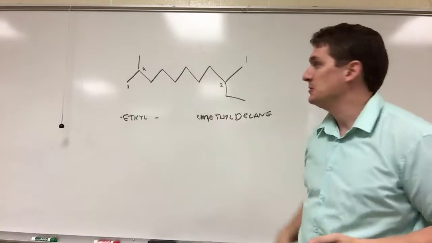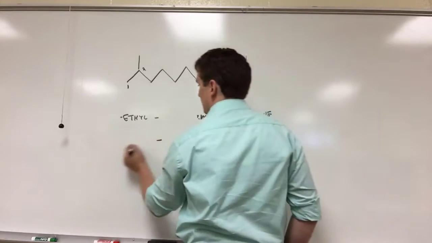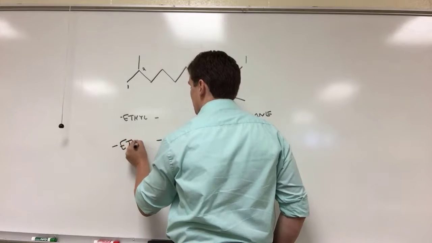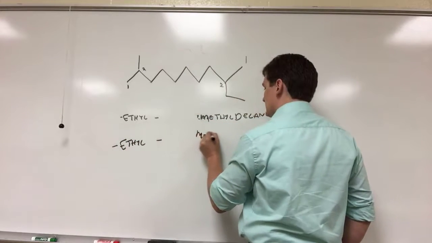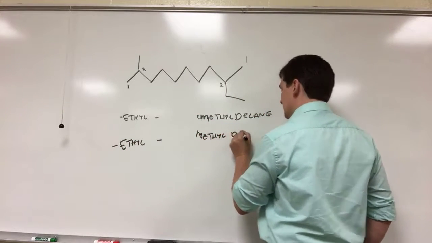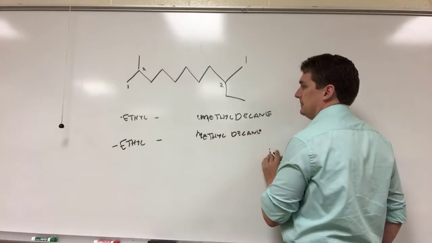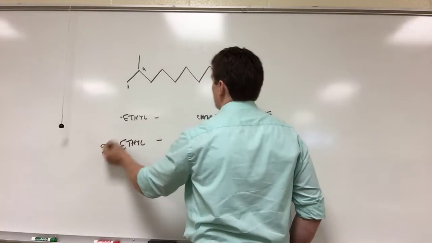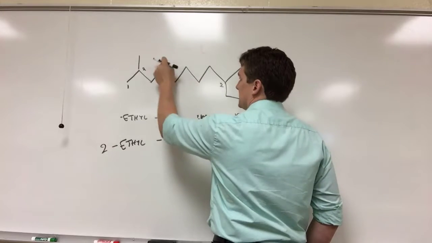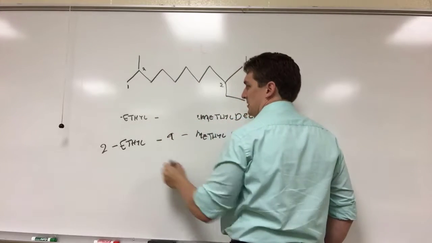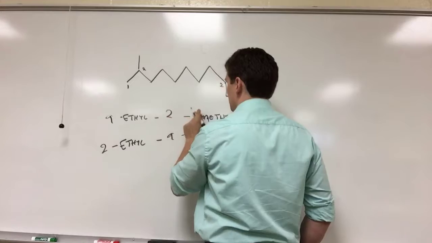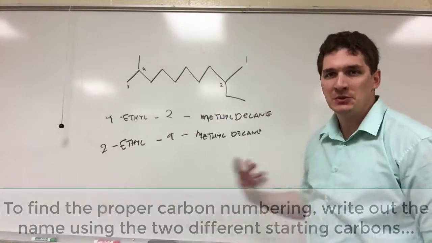So how do we specify which one will work? Well, let's write it out both ways. So we have the ethyl group, the methyl, decane. So we can either say that this is 2-methyl, 9-ethyl, or 9-methyl, 2-ethyl, decane. Which one do we go with?